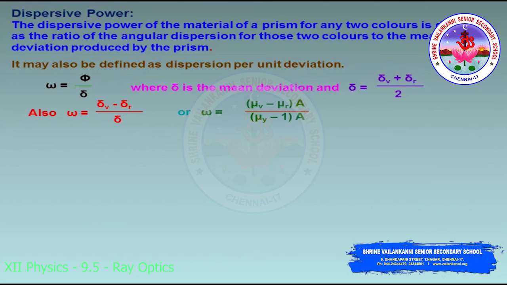We can take this as mu v minus 1 into A minus mu r minus 1 into A, whole divided by mu minus 1 into A, because sigma is equal to mu minus 1 into A. Simplifying, omega is equal to mu v minus mu r divided by mu for any one color, yellow, minus 1. In this way we get the dispersive power of a particular color.